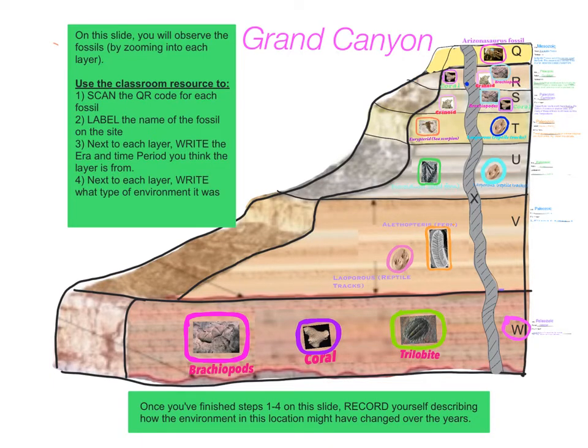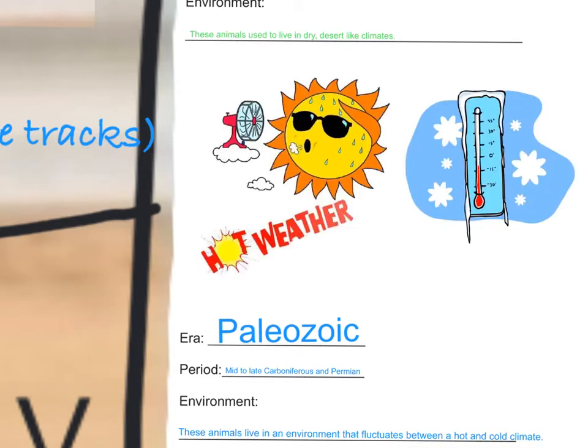Now, as we move on to the next few layers, we can see that the fossils no longer live in an environment that contains water, such as an ocean. But these fossils lived on land, mainly in a hot, dry, desert-like climate, and some could even live in a cold, icy environment.